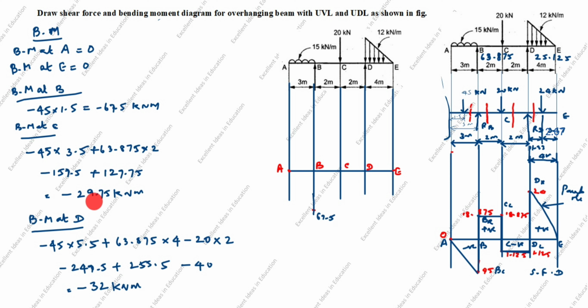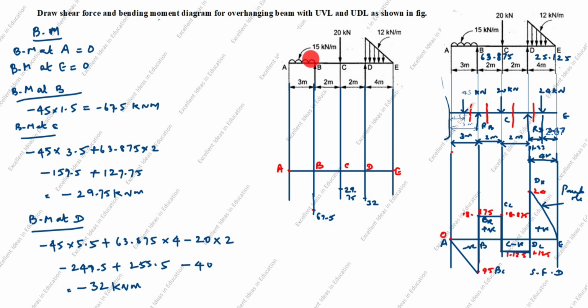Next, bending moment at C is minus 29.75. Minus 29.75 is here. Next, bending moment at D is minus 32. Minus 32, we will take it as here. Now we will join the line.